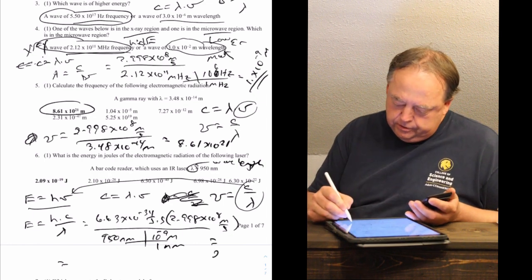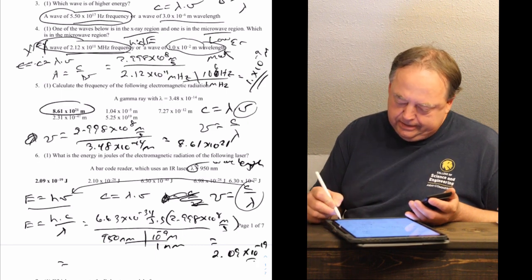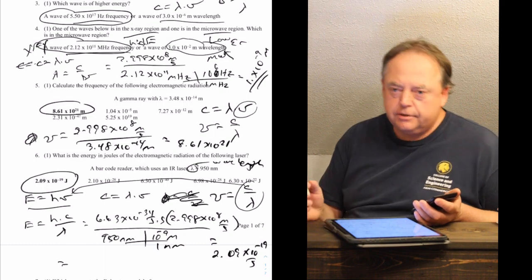Okay, so that gives you 2.109 times 10 to the minus 19 joules. So that's your right answer.